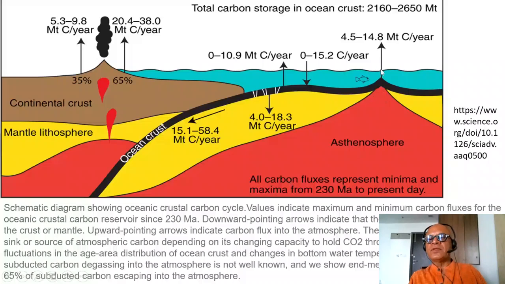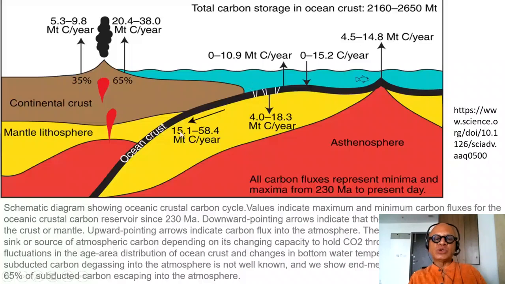Oceanic crust releases 4.5 to 14.8 million tons of carbon per year, which is obviously a large uncertainty.